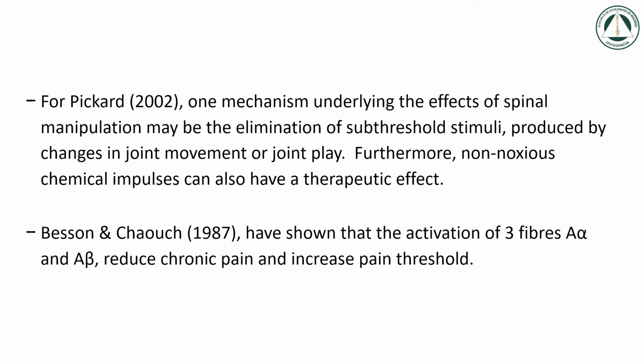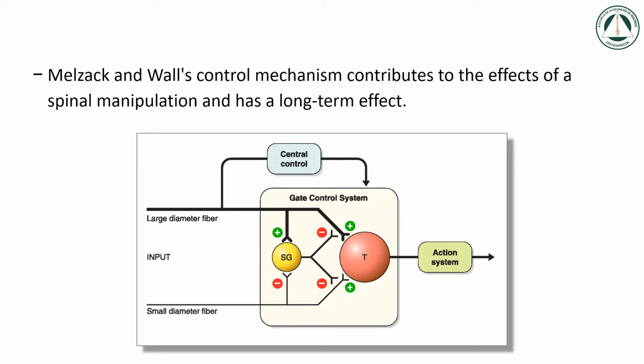Besson and Chaouch, 1987, have shown that the activation of fibers A alpha and A beta reduce chronic pain and increase pain threshold. Melzack and Wall's control mechanism contributes to the effects of a spinal manipulation, and has a long-term effect.